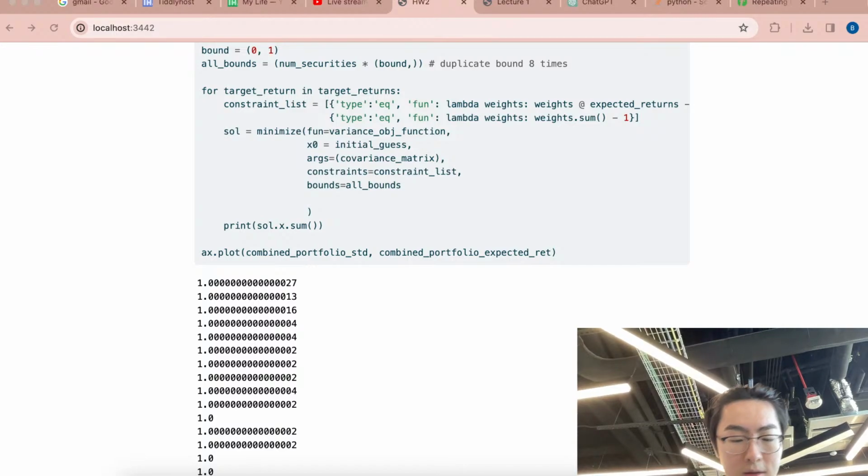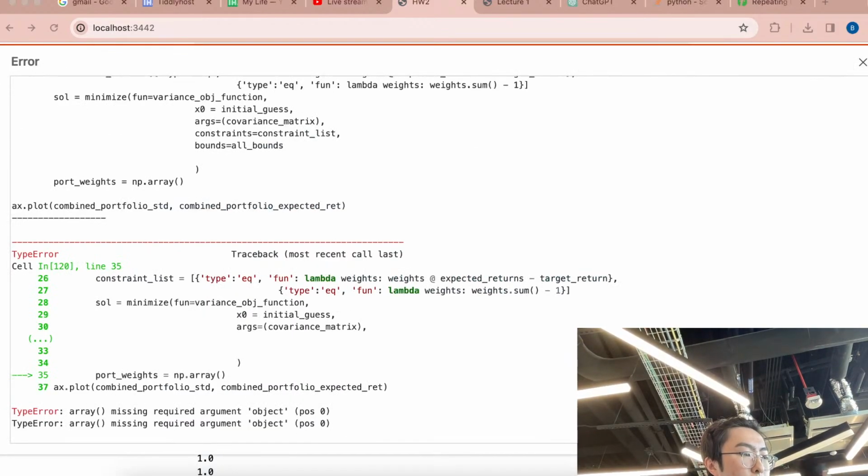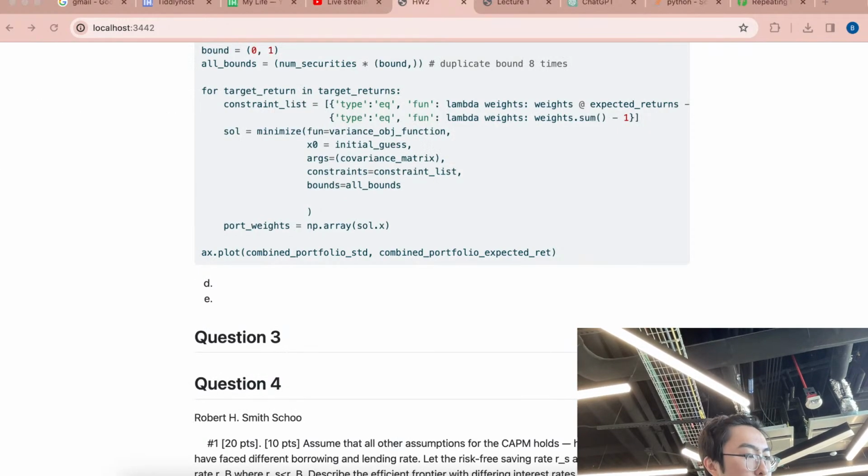Okay, so first let me create a vector of portfolio weights. np dot array, solution of X. Once we have our portfolio weights, we can say the mean returns equal portfolio weights at expected returns.